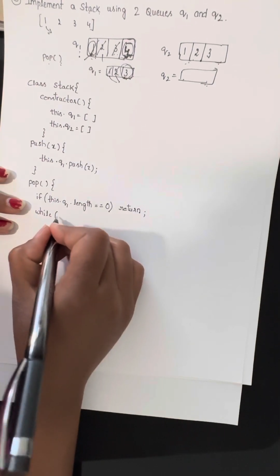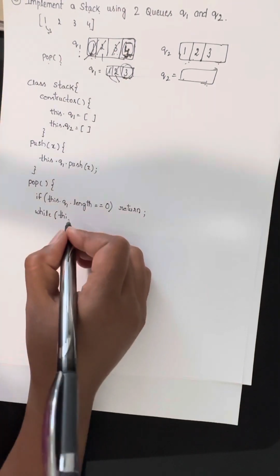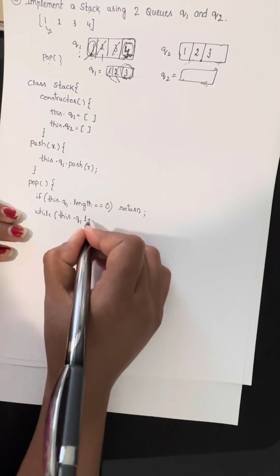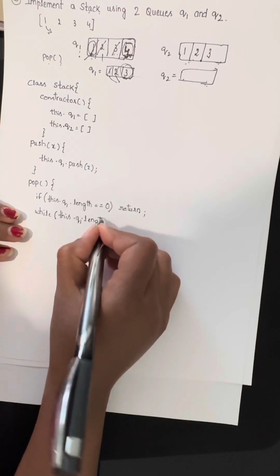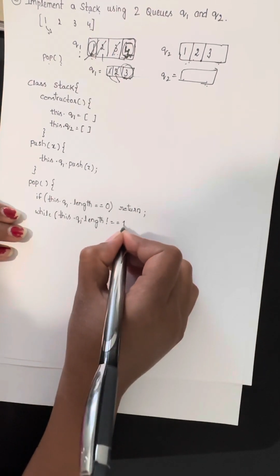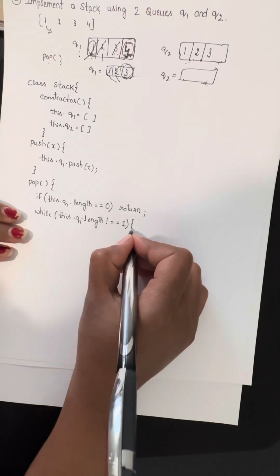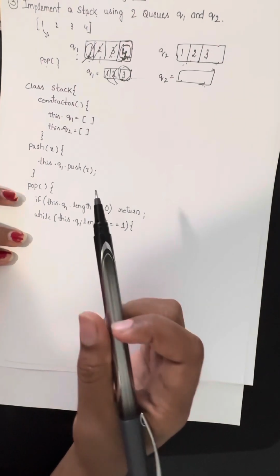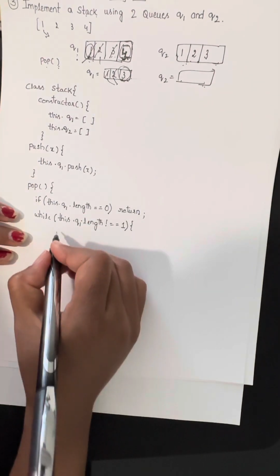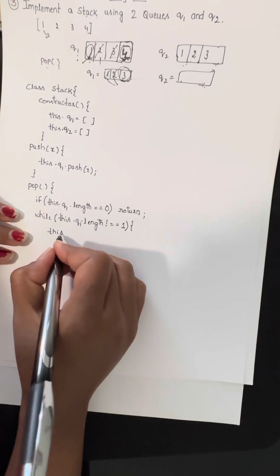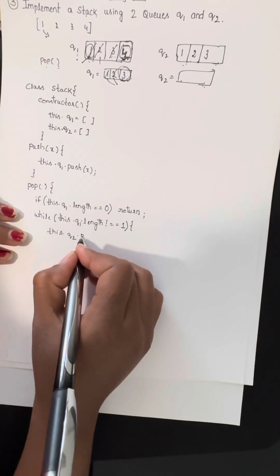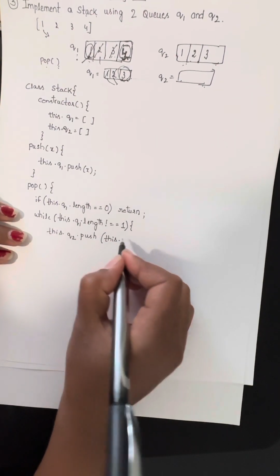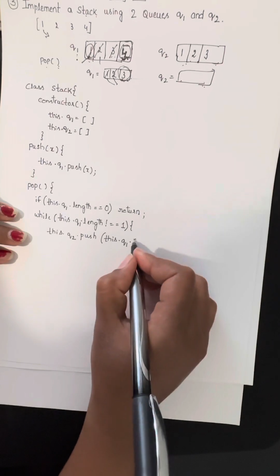Then I'm using a while loop to shift the elements to Q2: while this.Q1.length is not equal to 1, we repeat the shifting until only one element is left in Q1. So this.Q2.push, this.Q1.shift.